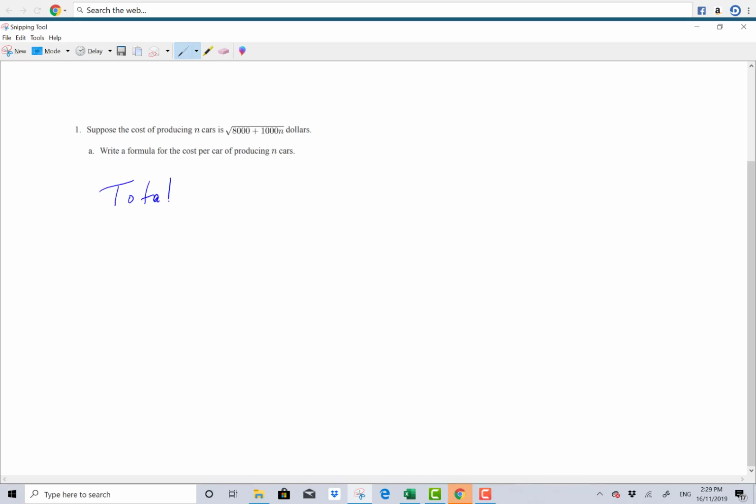In this case, it's the square root of 8,000 plus 1,000 n, and we divide it by the number of cars. That would give me the cost per car, so that divided by n. So that's part A. Part B now is asking us to find the rate of change per car.